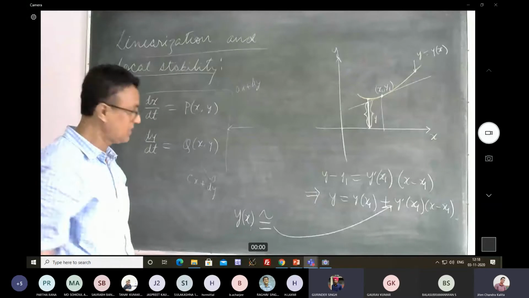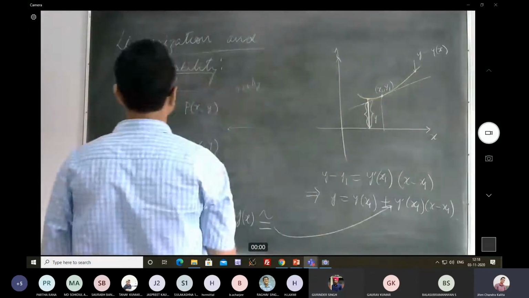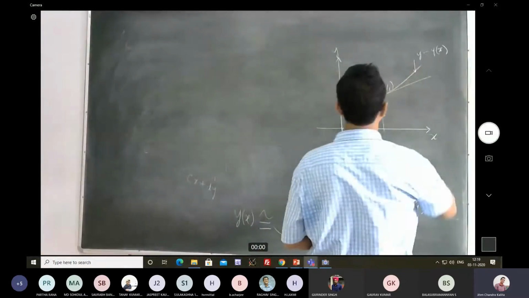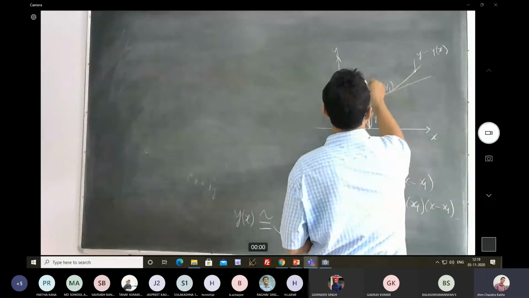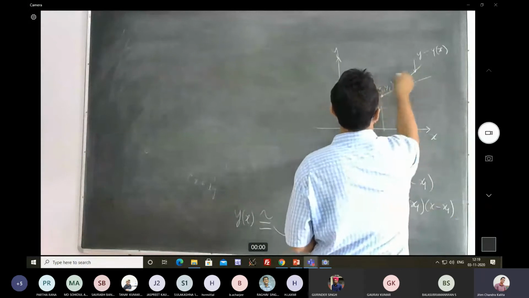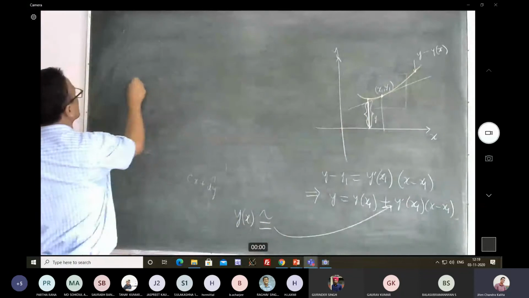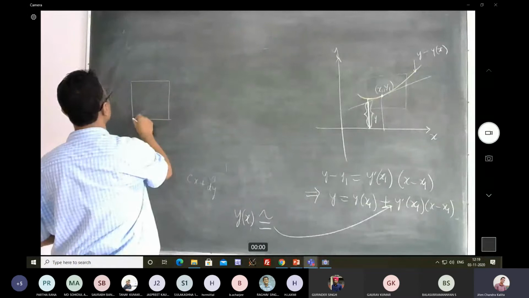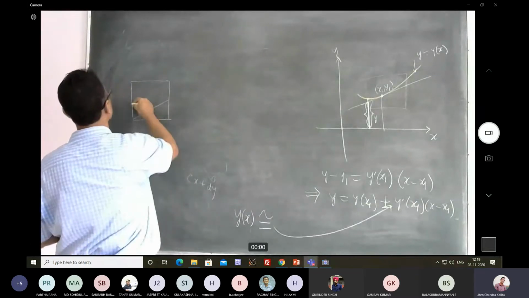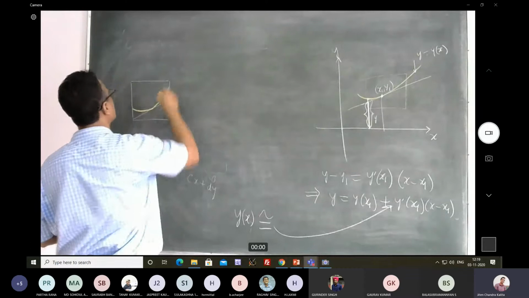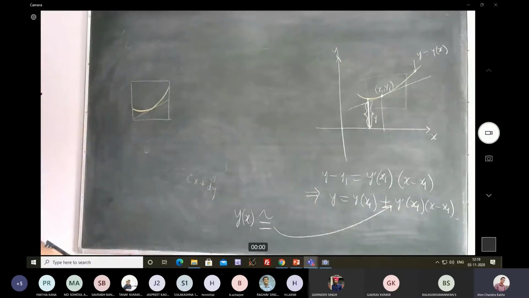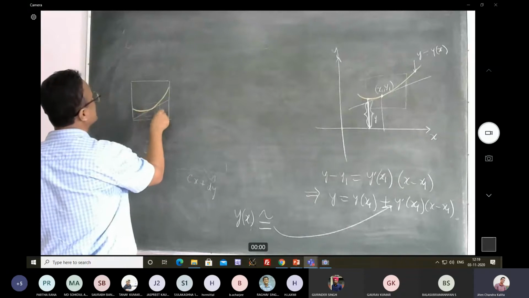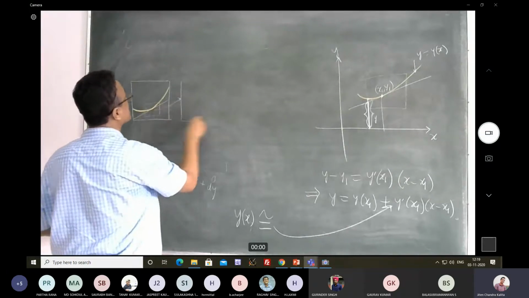Right? Now let me try to show you a picture. I'm trying to concentrate on this part. If I take this figure, it will look something like this. Now let me concentrate here. Suppose this is the magnified version of this.